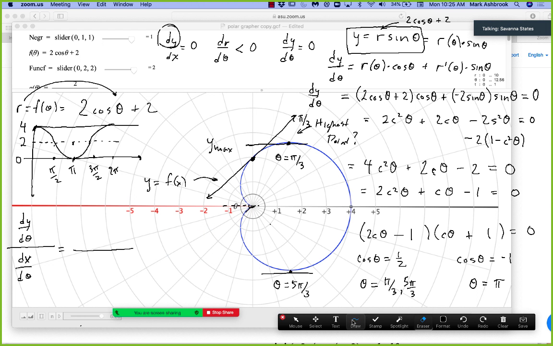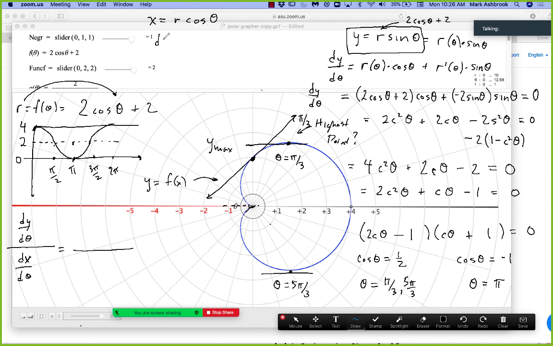x equals r cosine of theta, and so then we plug in our r into that. That's right. So x equals r cosine theta.